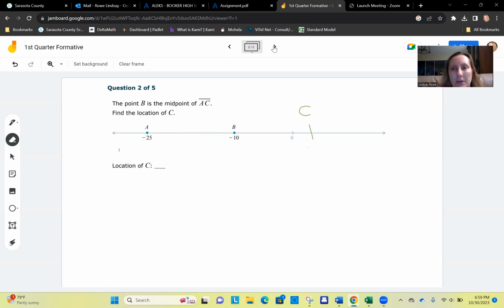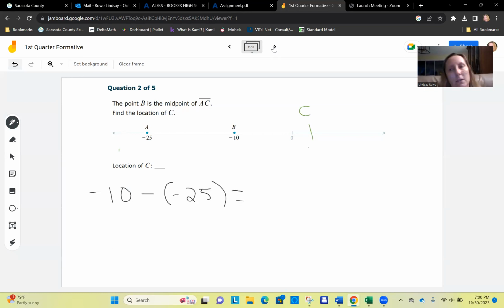Okay, how do we find the distance between any 2 points on the number line? If I want to find the distance between any 2 points on the number line, I always take the bigger number, which is to the right, and subtract the smaller number that's to the left. Okay, so I'm going to find the distance between B and A. -10 minus -25.